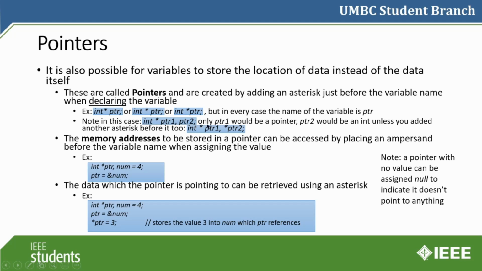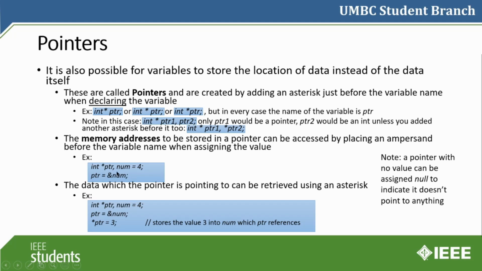But you have to remember to include an asterisk for every pointer you want to declare as a pointer, because in this case, ptr1 would be a pointer, but ptr2 would just be a regular integer. The way you assign the memory address value to a pointer is by using this ampersand here.